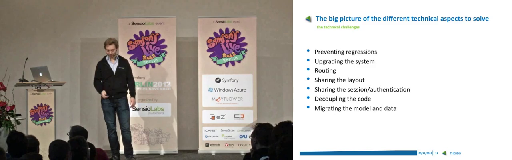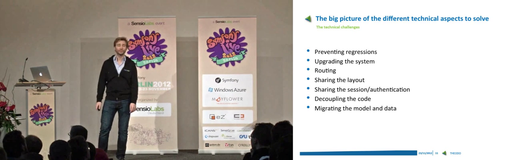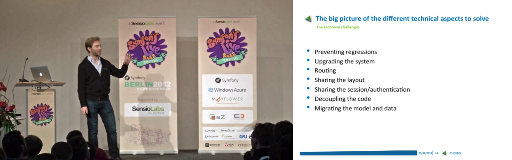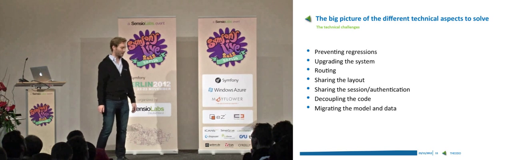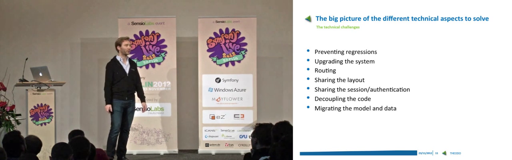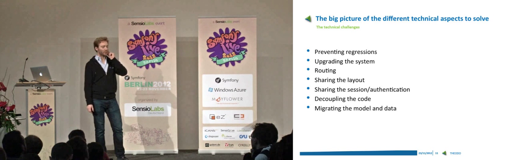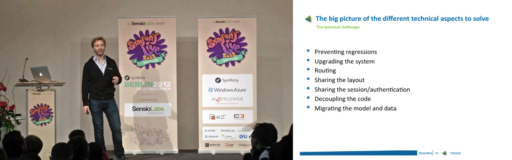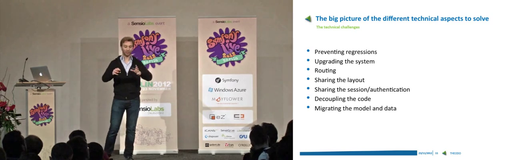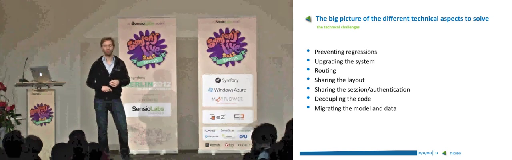So let's go through the big picture of the different technical aspects that we've identified as being challenging when you're doing progressive rewrite. The first aspect is preventing regressions. You want to somehow reassure yourself that by touching your tightly coupled legacy application, you're not breaking everything.